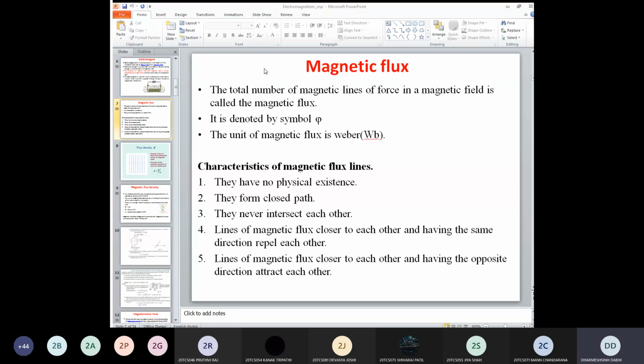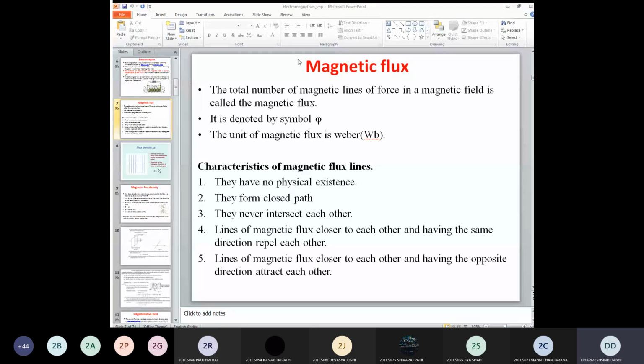Now this is a very important thing. You can see here the plane where flux lines are passing. This plane is nothing but a coil. So when the plane of the coil is perpendicular to the flux direction, then maximum flux will pass through this coil. So what is the maximum flux?